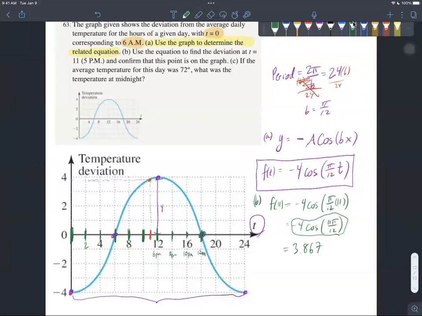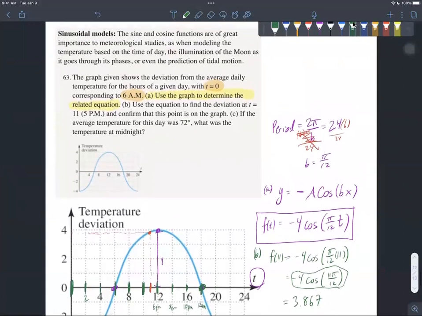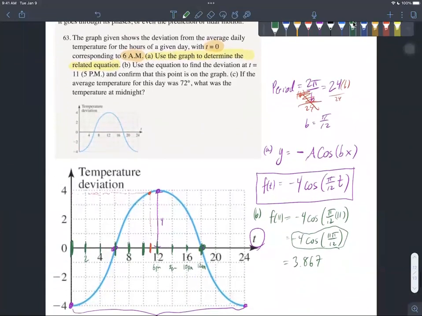What is the temperature? Now remember that this measures deviation from the average daily temperature. And so 72 degrees is the average. Since this is on the x-axis, the value of this deviation is 0. That means that we are exactly at 72 degrees. So 0 or no deviation from the average.